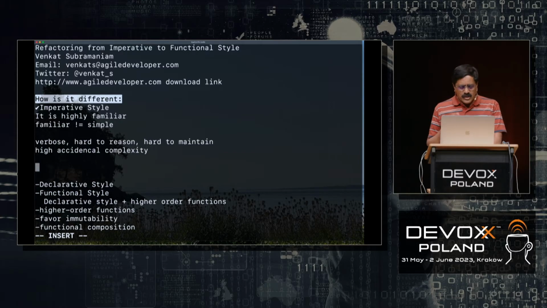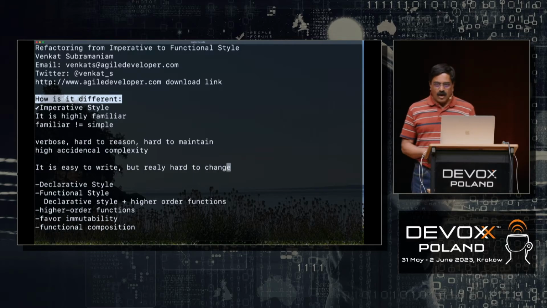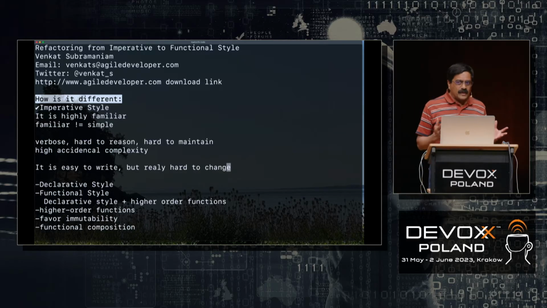My observation with imperative style code is it is easy to write, but really hard to change or to maintain in the long run. You can write it fairly easily because we're very familiar with it, but once we finish writing it, it takes a lot more effort to modify it, to change it, and to maintain it. So that's one of the problems as well.